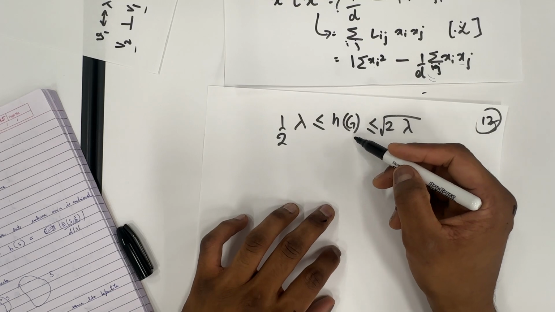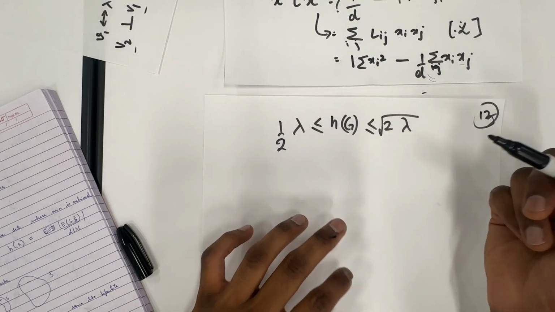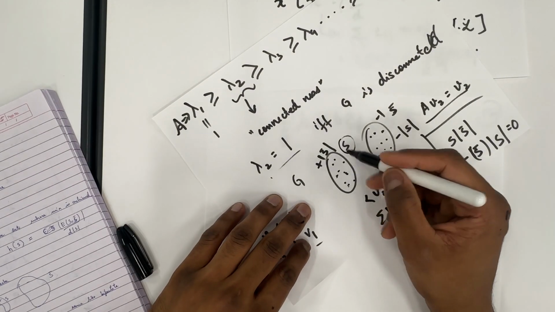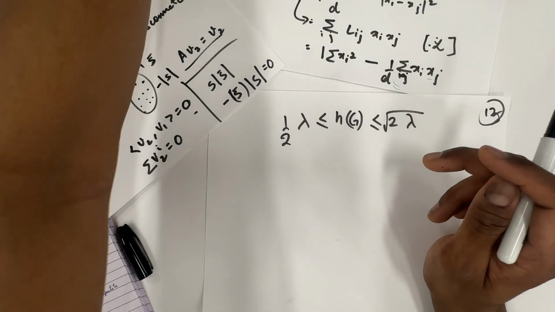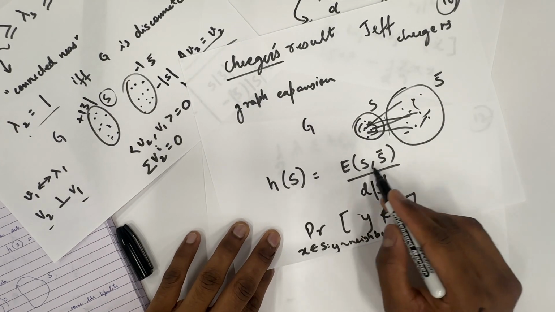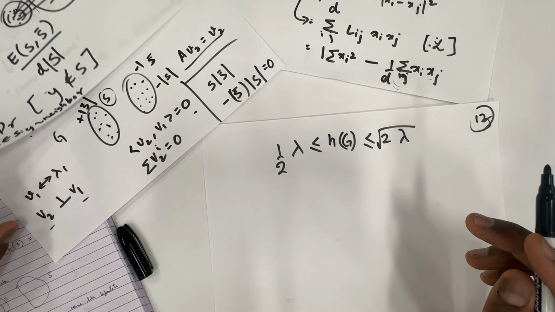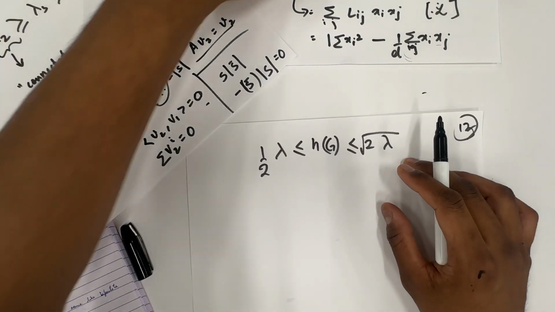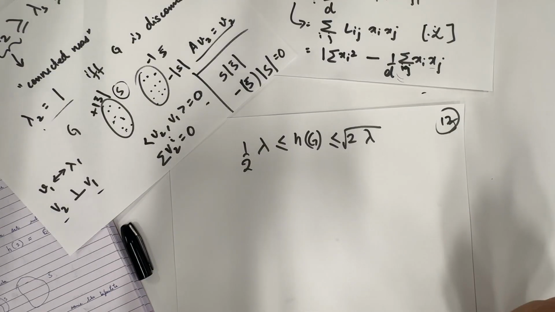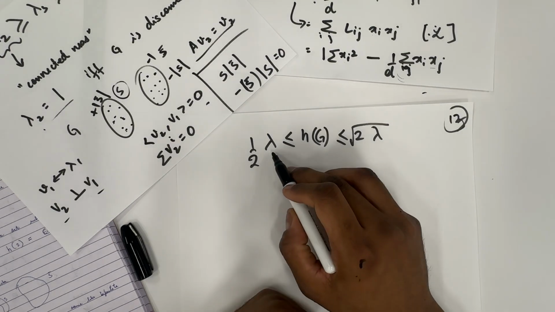So we can see that for a disconnected graph, the expansion is low. Why? Just choose this set as my S, and because there are no edges running out of S, this number is 0. So my h of G, which is the infimum over all of these defined numbers, is 0. So for a disconnected graph, this is 0, this is 0.